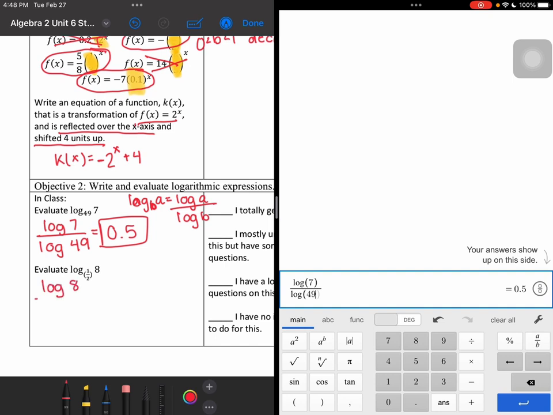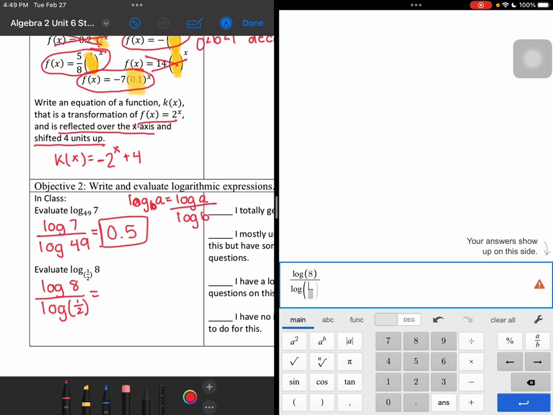Then we have log 8 divided by log of 1/2 for the second one. So same thing. I can keep what's there already. I'm going to put 8 up here. And then now is probably when I want to hit the fraction bar, and I want to do 1 divided by 2.